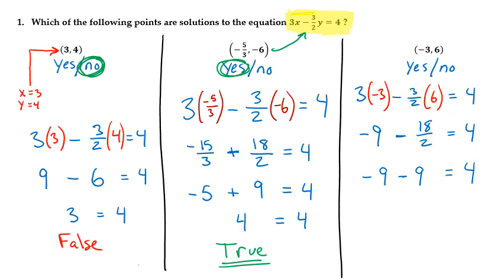Or -9 minus 9, so we're getting more negative. That is -18 is equal to 4. I know that's not true because the only number that's equal to 4 is 4. Right? So that is false. So the answer is no to that one.